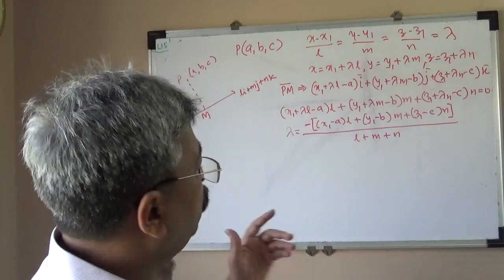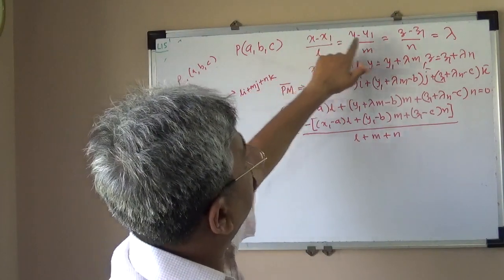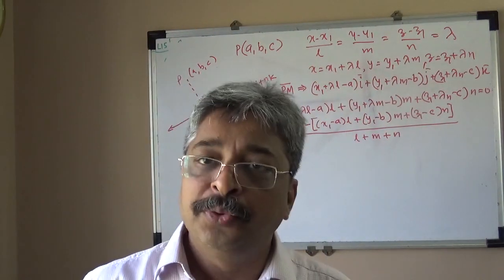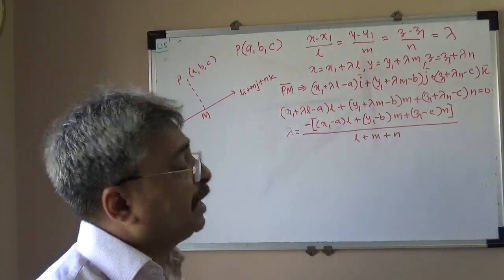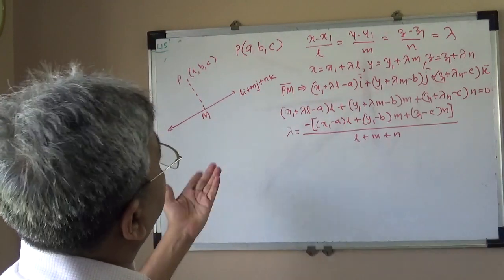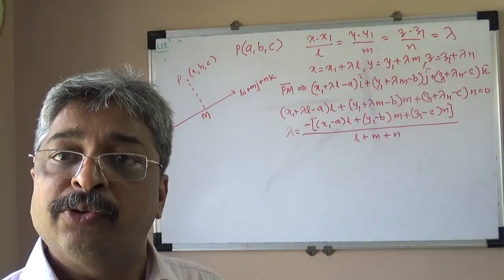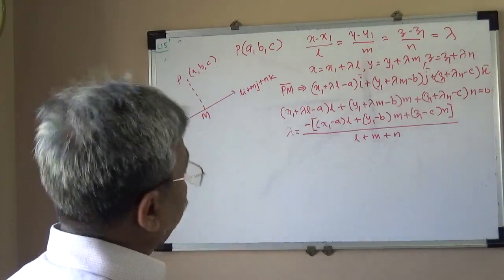Now it is going to be a big formula in terms of A, B, C, x1, y1, z1, L, M and N. Do we really need to remember that? We need not have to remember. If we understand how we are going to deal with it, every time you get a numerical problem, you are supposed to do these calculations anyway, and you will be able to find out the distance of any point from any line.